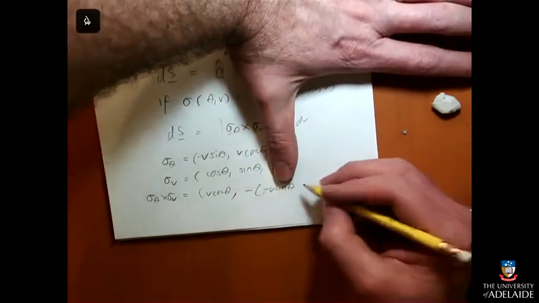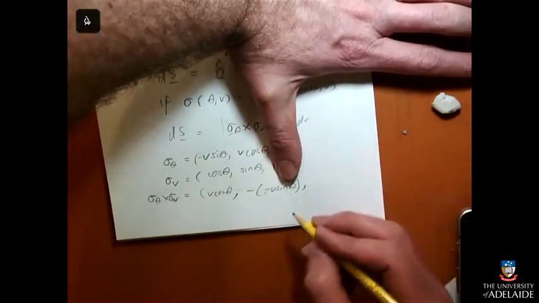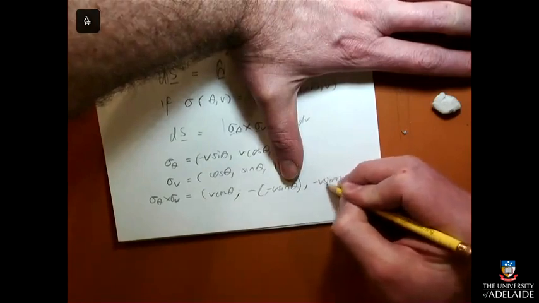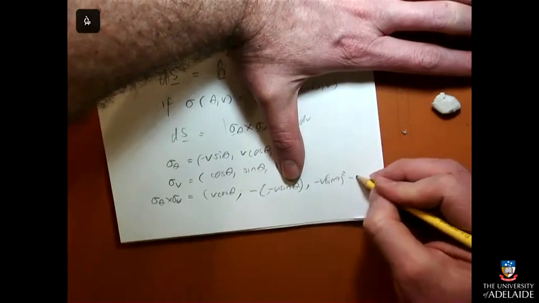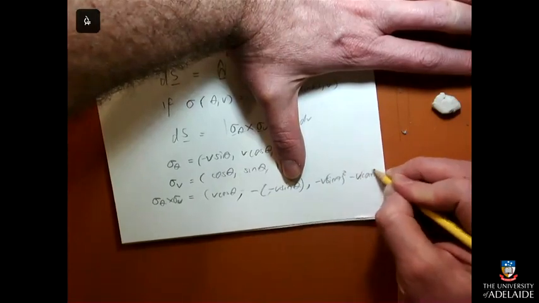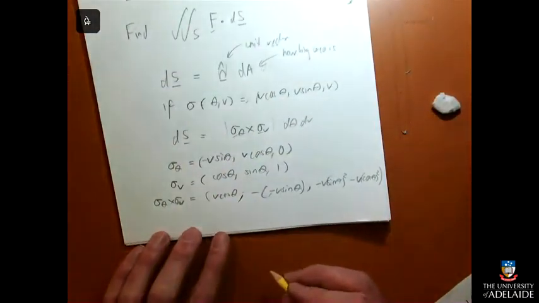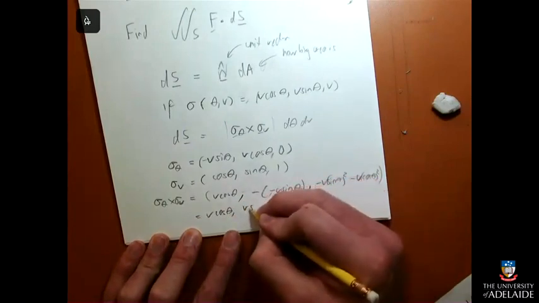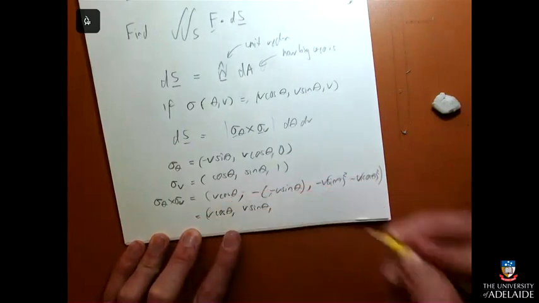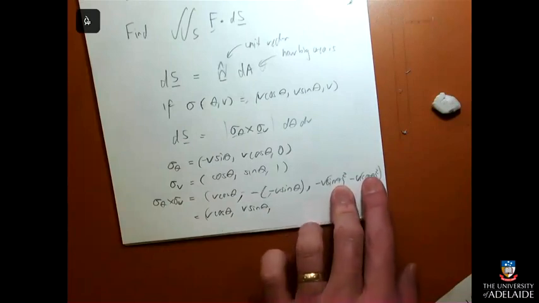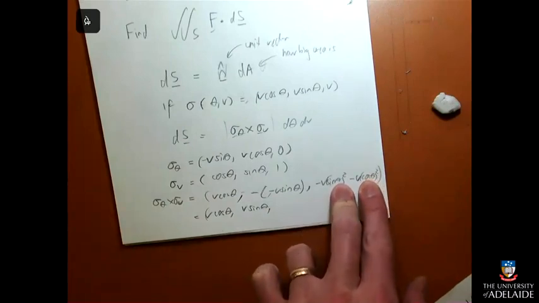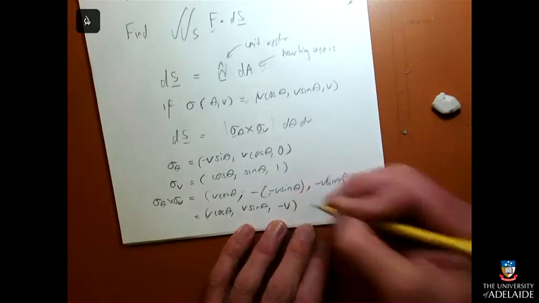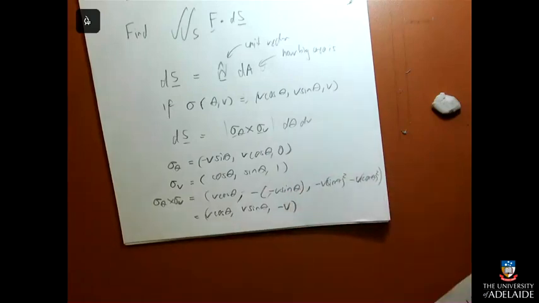And in the third position we have this determinant, which is minus v sine squared theta minus v cos squared theta. That's convenient. So we've got v cos theta, v sine theta, and sine squared plus cos squared would be 1, but we've got minus v sine squared and minus v cos squared, so that will be minus v.